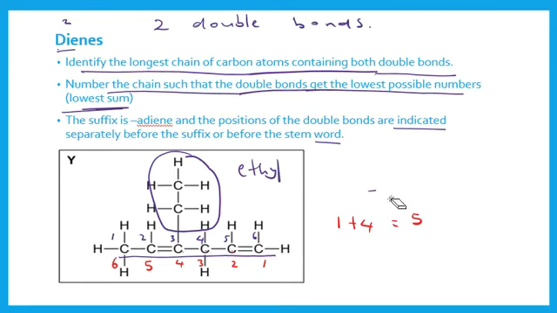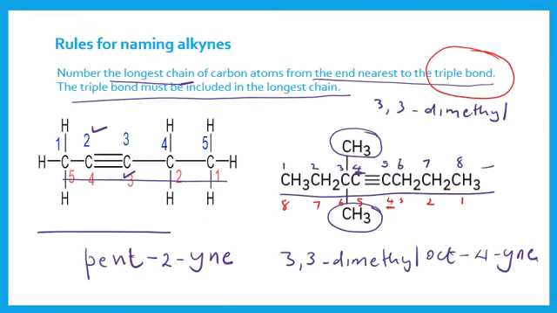So I can erase this one. Maybe I can also erase the purple numbers so that I don't confuse myself there. Now I can see that my branch ethyl is on carbon number 4. So this is going to be 4-ethyl because it is on carbon number 4. I can now name this organic molecule. Remember how we name an organic molecule?